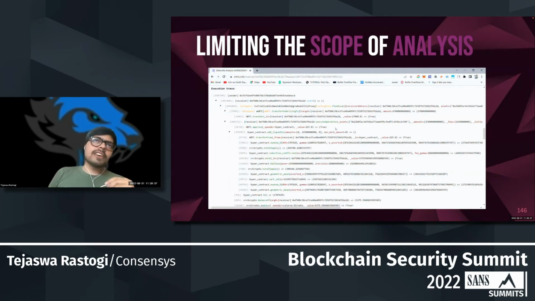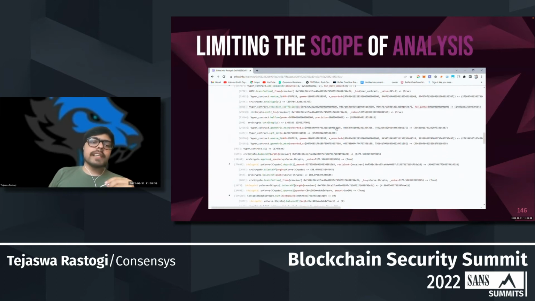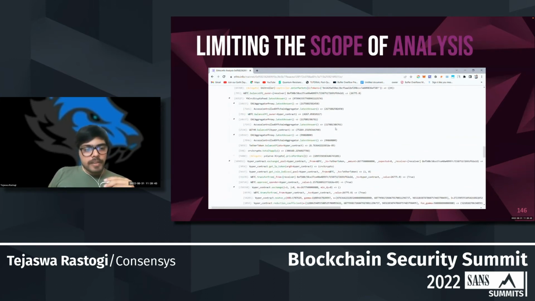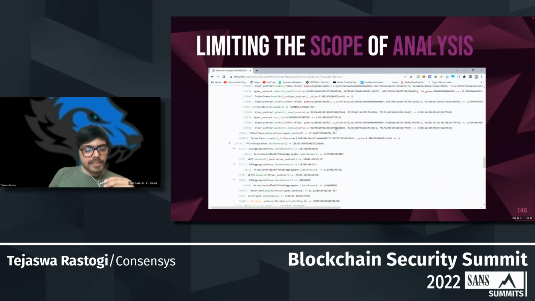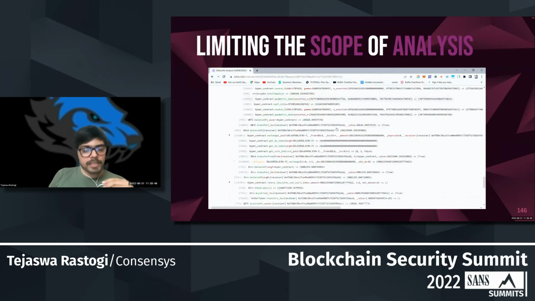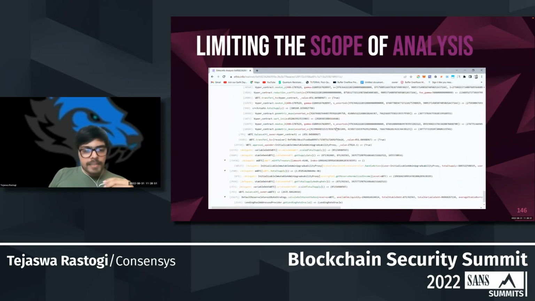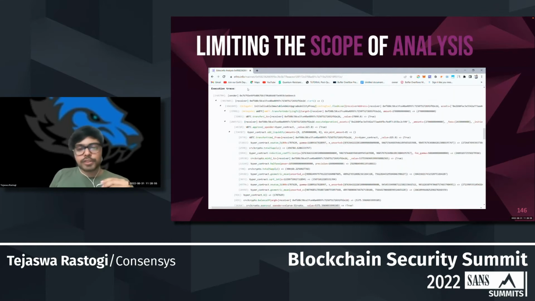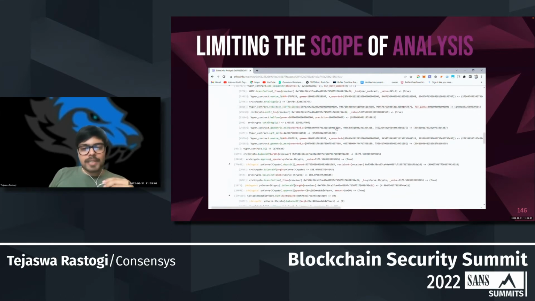The first thing of pattern analysis would be limiting the scope of analysis. If you visit the transaction source, the extracted trace of the transaction listed in the previous slide, you will find a bunch of internal transactions going on. But do all these internal transactions matter to us?